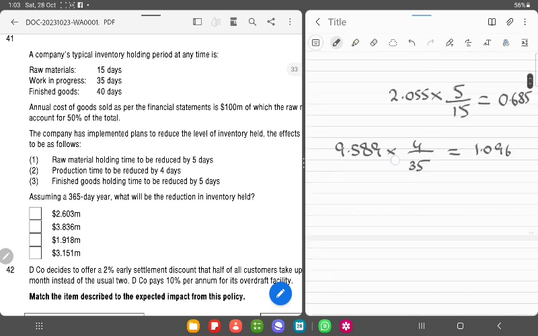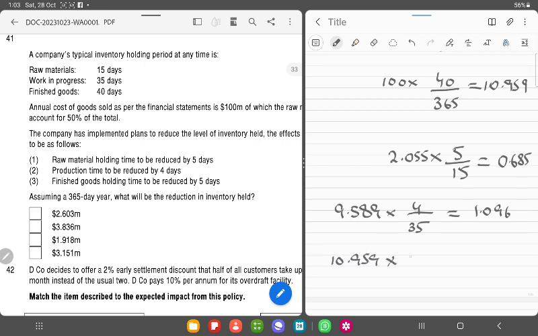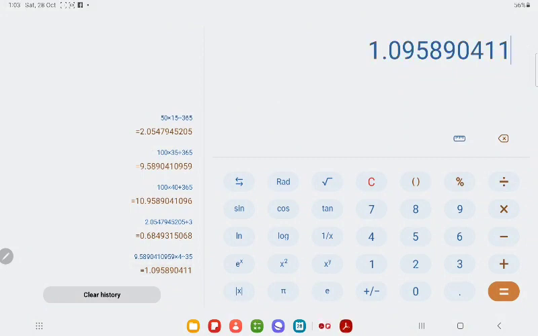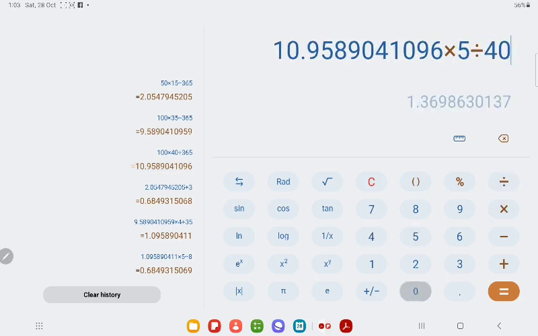And as far as finished goods is concerned, their value of inventory is 10.959 multiplied by days reduced divided by days already held. This is 40. So I will calculate 10.959 multiplied by 5 divided by 40.